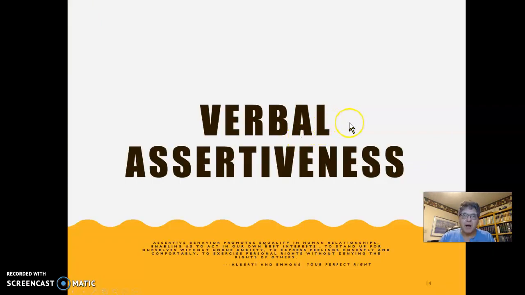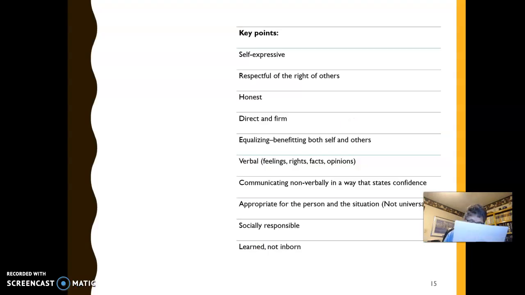Set aside from that is verbal assertiveness. Verbal assertiveness is the definition, and the definition is kind of long, but I think the characteristics that you see on the screen are the best thing to remember.